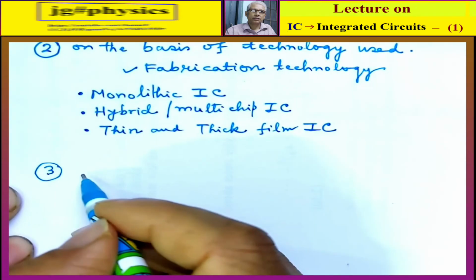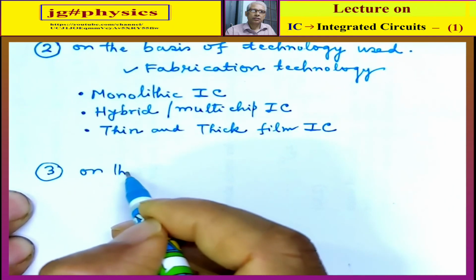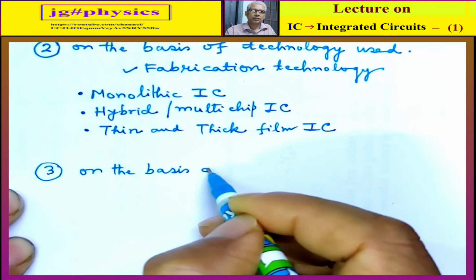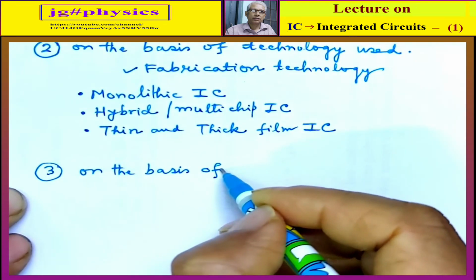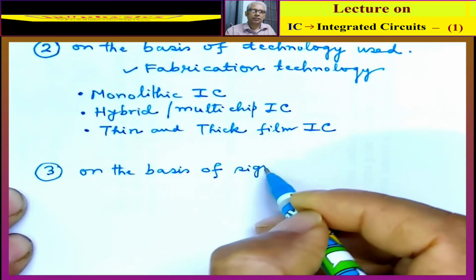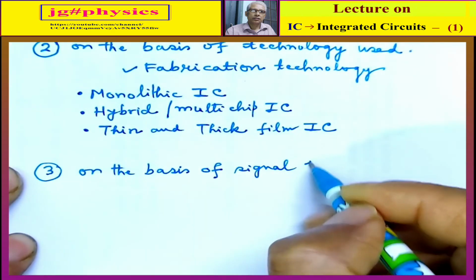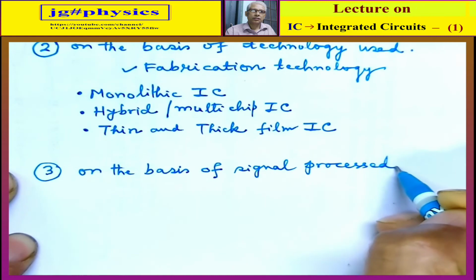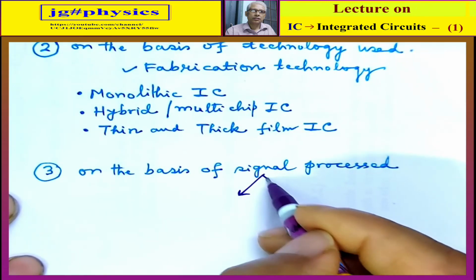A yet another way of looking at IC is to classify them on the basis of the signal processed. Now, signal is of two types.